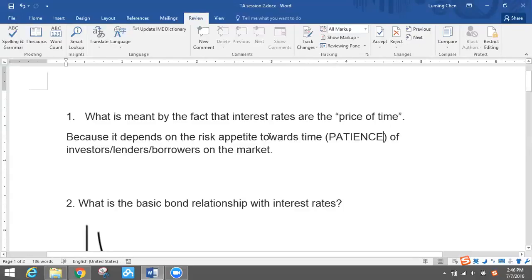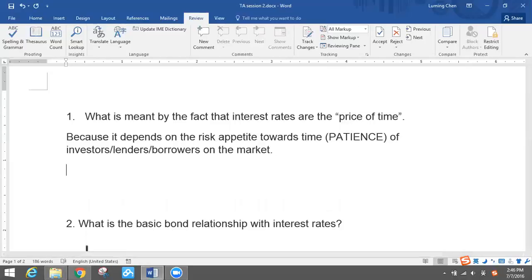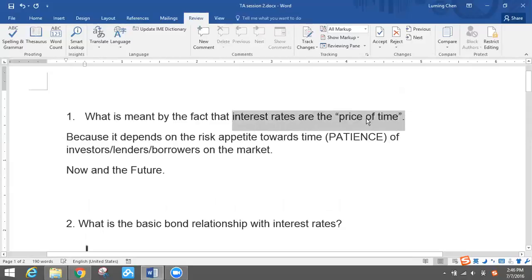So the interest rate is just the price between now and the future. That's what we mean by the price of time.